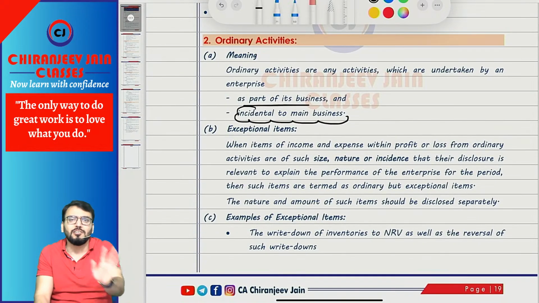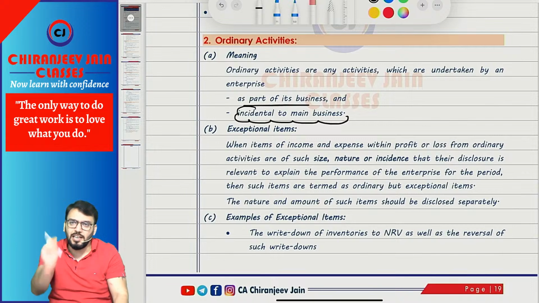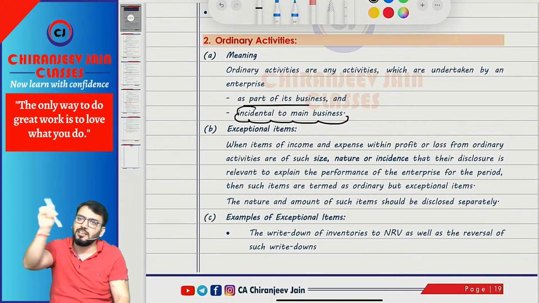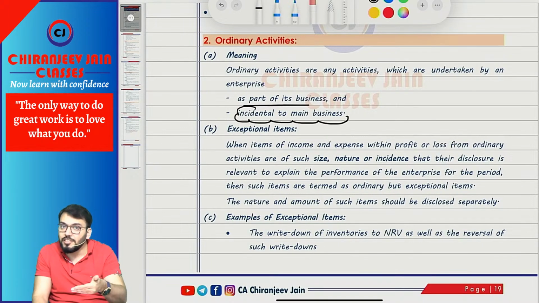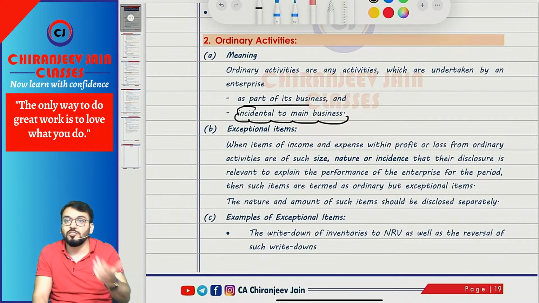Ordinary activity does not require any separate disclosure. In SOPL we write income and expense, which are nothing but related to ordinary activities. But AS5 says that out of ordinary activities, some are exceptional items, which require separate disclosure. So what are exceptional items?